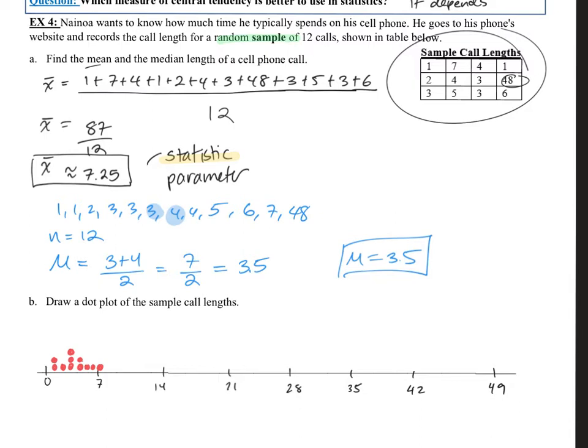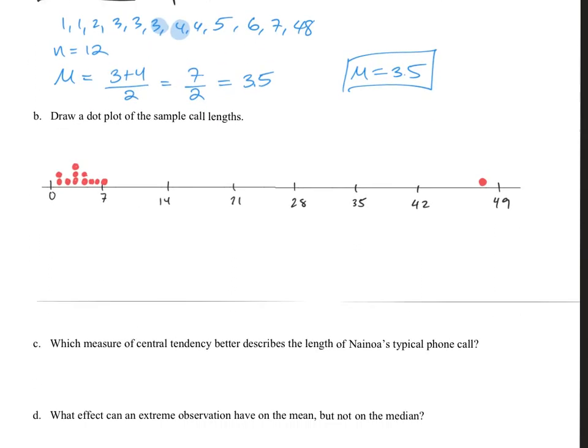And then 48. Whoa, all the way over here, appears once. That's sort of an outlier hanging out over there by itself. And we used this in our data to calculate, even though it's super far away from everyone else.